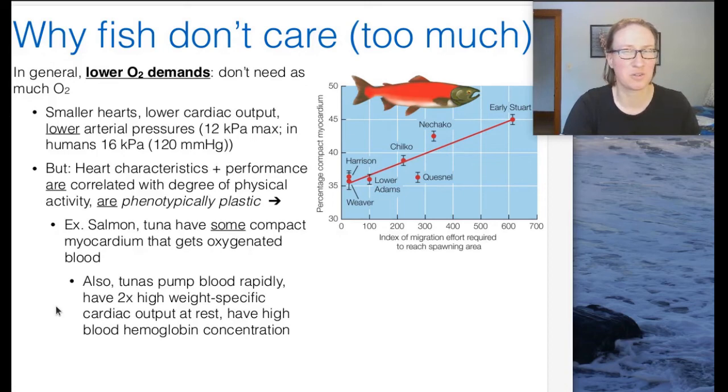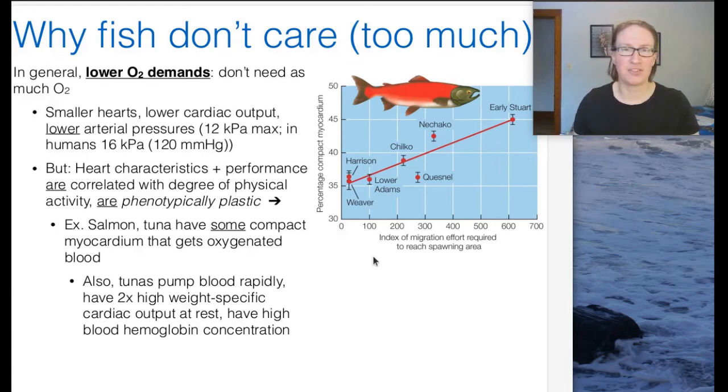That all suggests tuna have higher oxygen requirements, and they've adopted a couple of different strategies on an evolutionary timescale to facilitate better tissue oxygenation relative to your generic trout. Okay, and I've also put this picture here from your textbook on this slide for salmon heart characteristics.